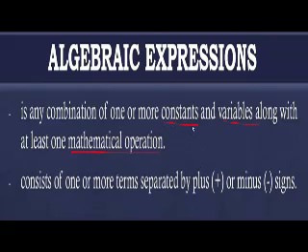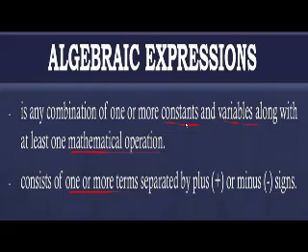It is a combination of constants and variables. Then it should consist of one or more terms, separated by what? Either plus or minus. The terms will be separated by plus or minus.